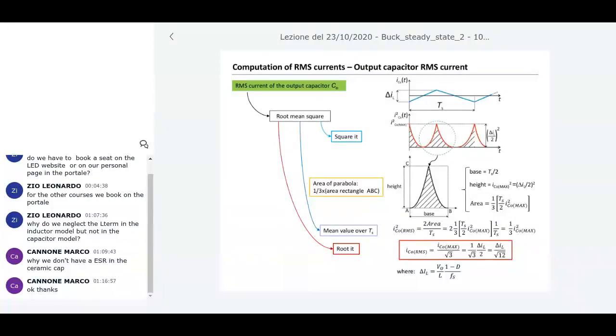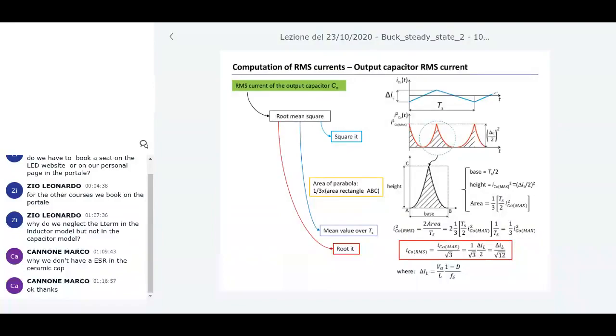But then we have to also compute some other parameters that are useful for choosing components from the datasheet. For example, anytime we have parasitic resistance in our component, electrolytic capacitors, MOSFET, for example, we have to also compute the root mean square value because they lead to some dissipations that we have to understand.